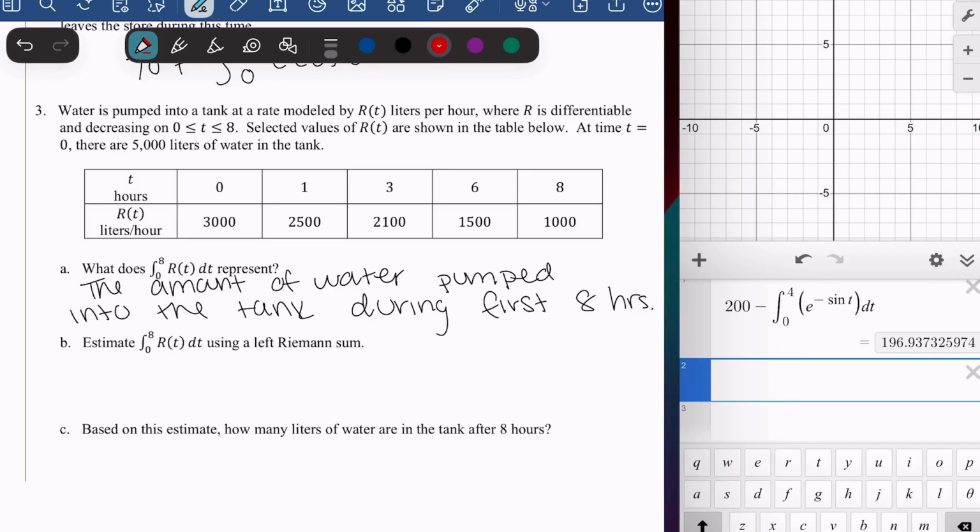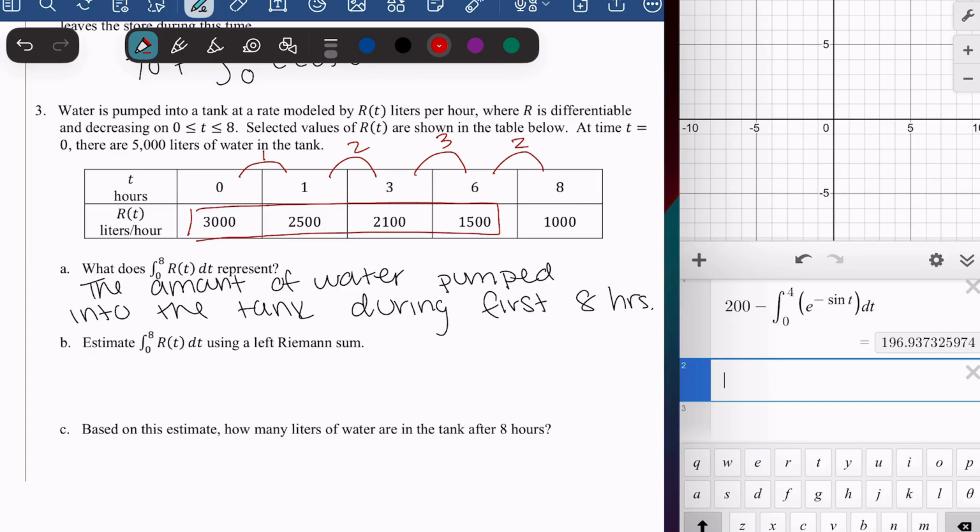So from 0 to 1, that's going to be a width of 1. From 1 to 3 is 2. From 3 to 6, 3. And from 6 to 8? 2. So these are each of the widths. And since it's a left Riemann sum, for the height, we're going to start with the left number, which means we're going to end up using all the numbers except 1,000. Okay, we're starting at the left.